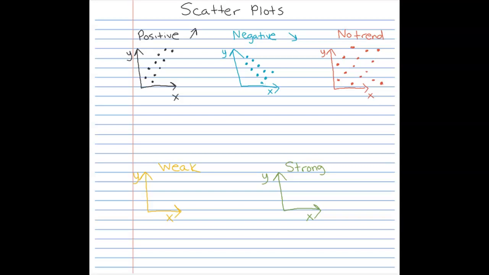All right. Now, there are also a couple of other ways that we could describe a scatter plot. Not necessarily the direction they're going, but what kind of a correlation we have. So actually, let me write that down for a vocab word.